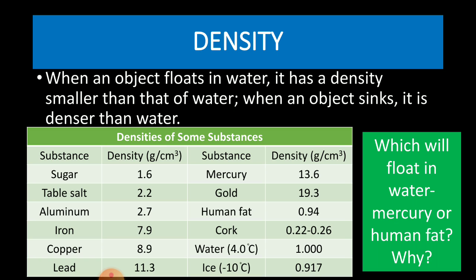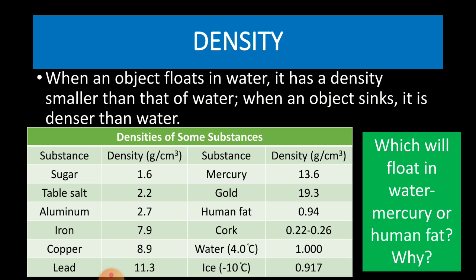So let us look for the density of these three substances. So we have the density for water, which is 1.000 grams per cubic centimeter. Then for mercury, we have 13.6 grams per cubic centimeter. And human fat, we have 0.94 grams per cubic centimeter.